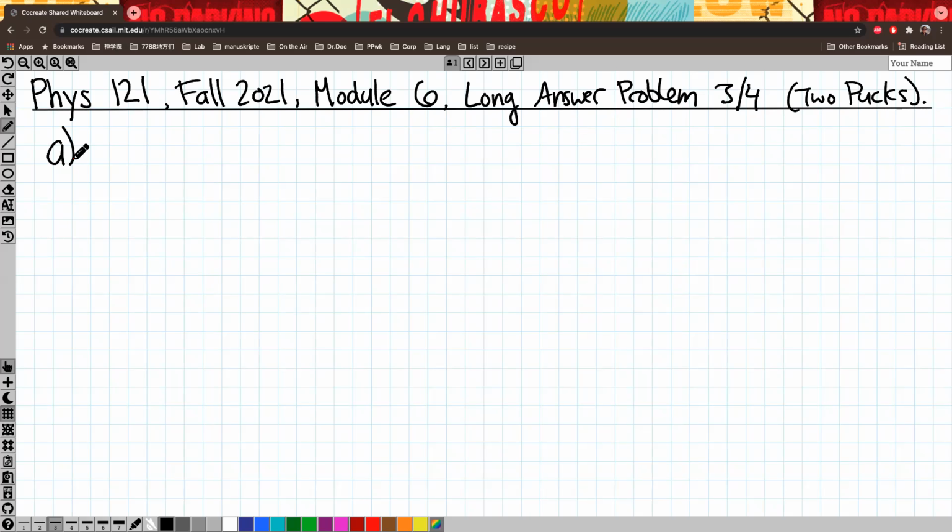Okay. So the first question is asking what the angular momentum of the system is around the point P before the collision. There won't be any, because there's no angular velocity of the pucks.